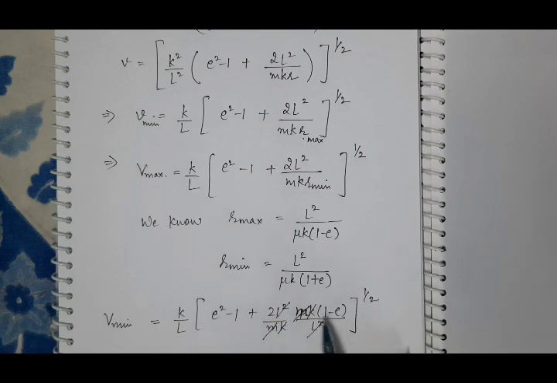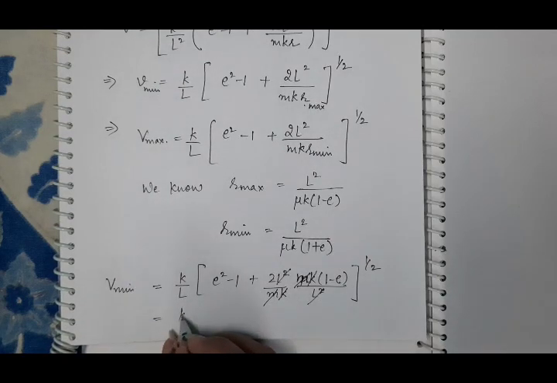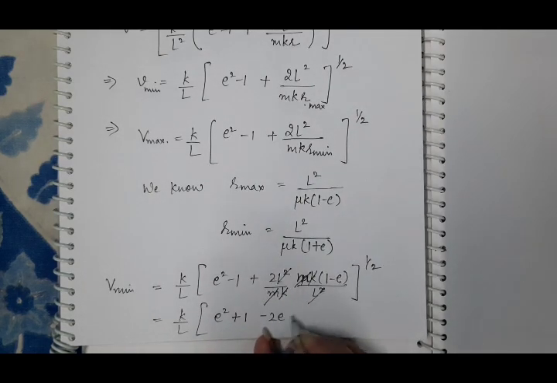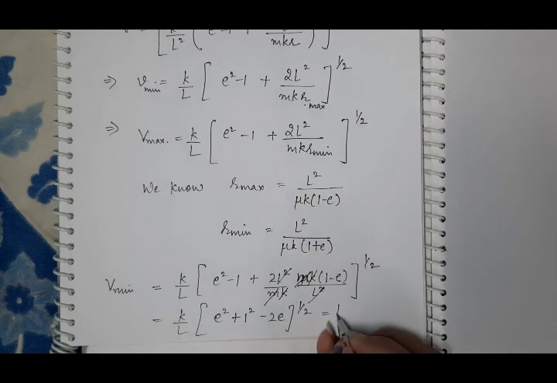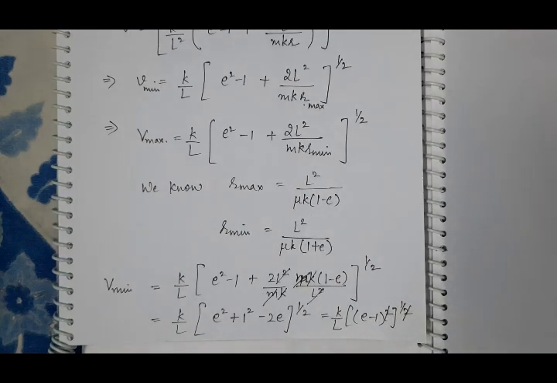Now multiply the 2: 2 into 1 is 2, 2 into minus E is minus 2E. So we have k by L times the square root of E square, this minus 1, this plus 2, it will be plus 1, and minus 2E. This is A square plus B square minus 2AB, meaning A minus B whole square. So you will get k by L times the square root of E minus 1 whole square, and the square and square root cancel out. So V minimum is equal to k by L into E minus 1.